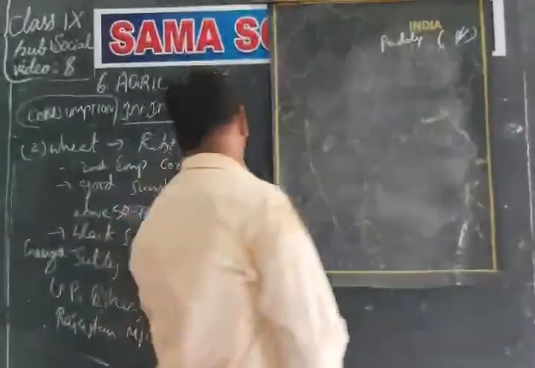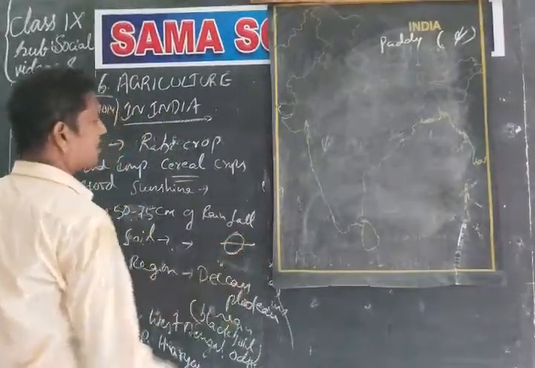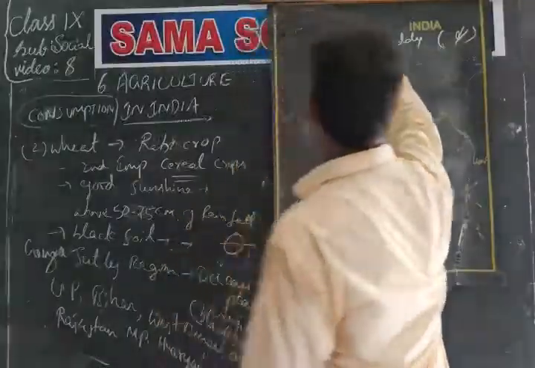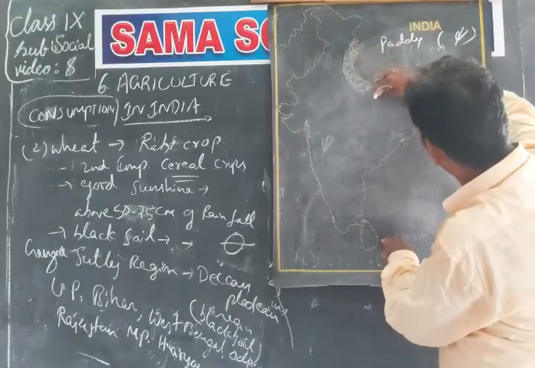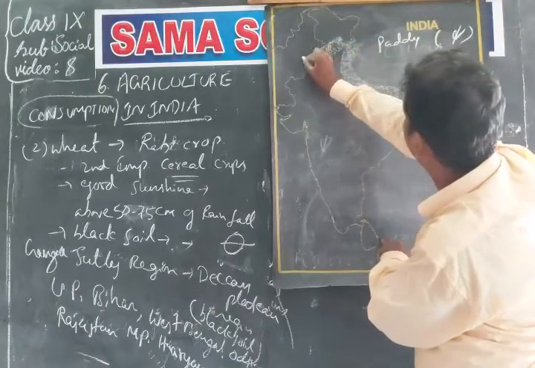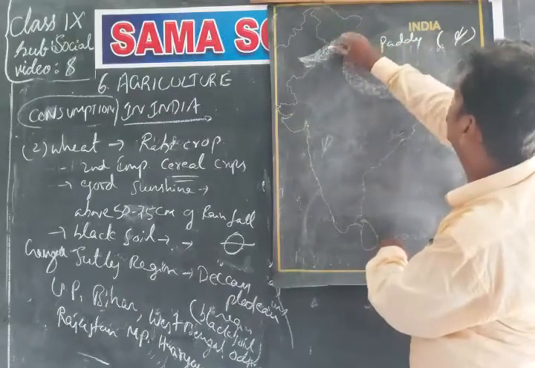Okay, children. For identification of wheat, we take this symbol. The Ganga-Satluj region is wherever the Ganga river flows in this direction and the Satluj river flows in this region, that is, from Himachal Pradesh to Punjab.